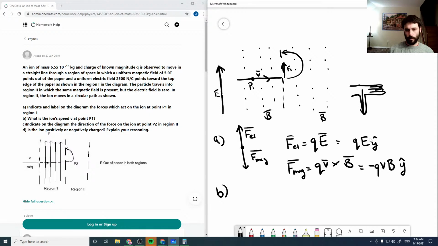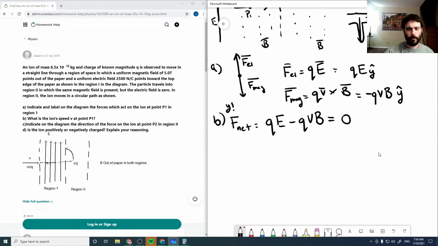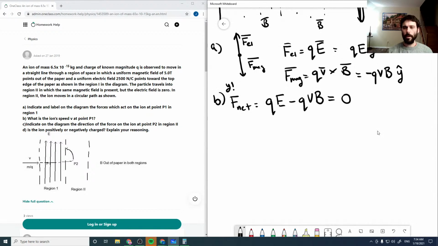So, all right, we have F net is equal to QE minus QVB, which equals 0, so that's in the y direction. And in the x direction it would also be 0, but that's okay. The y direction is all we're concerned with, so QE is equal to QVB.